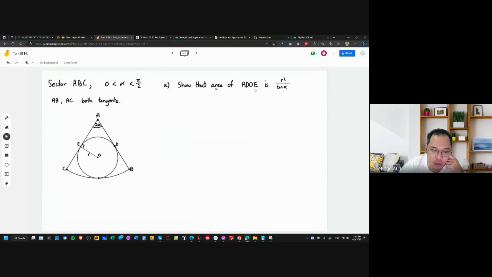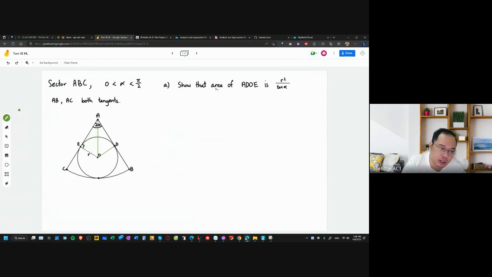That area is equal to twice the area of each triangle, because those two triangles are equal in area. So basically, we calculate the area of one triangle and then multiply by 2.